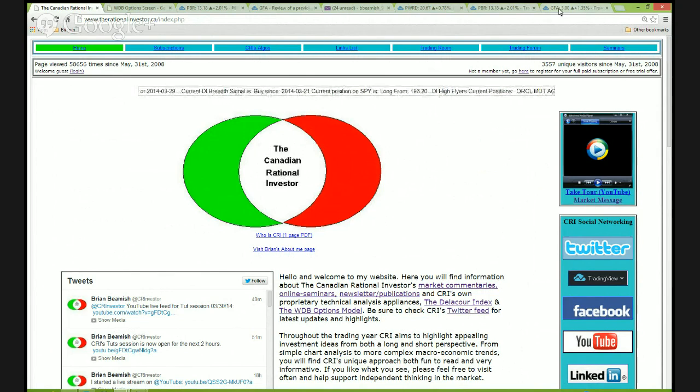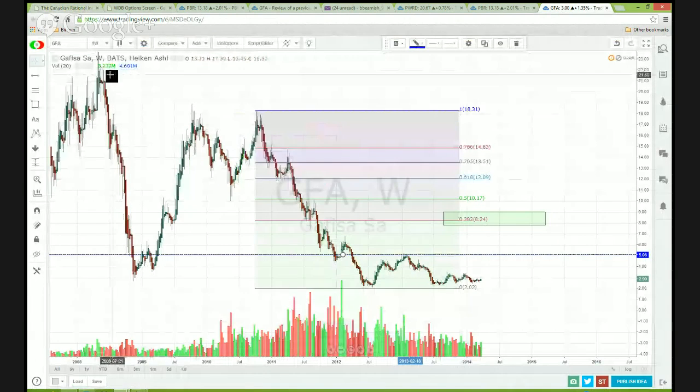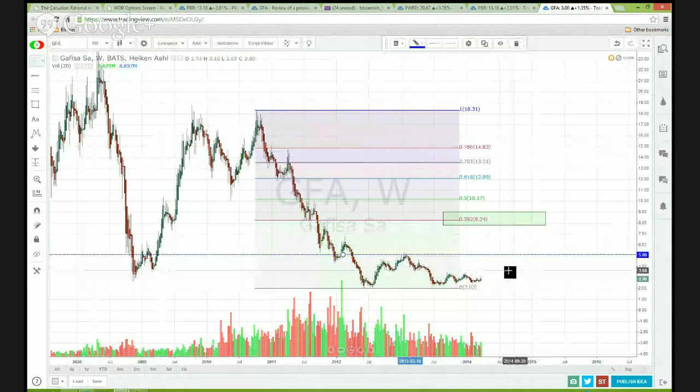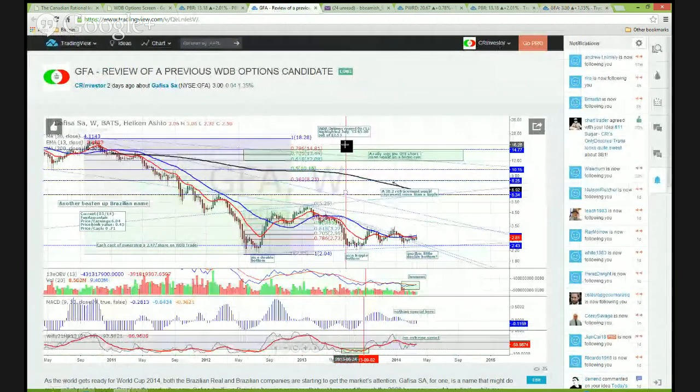opportunities. And Gafesia is, I think, an excellent example, where, as I pointed out, the fundamentalists got really excited last summer.